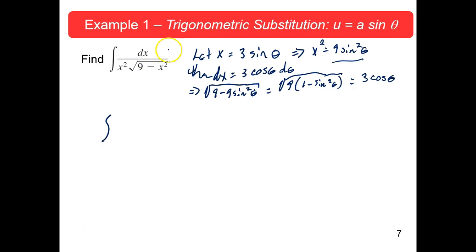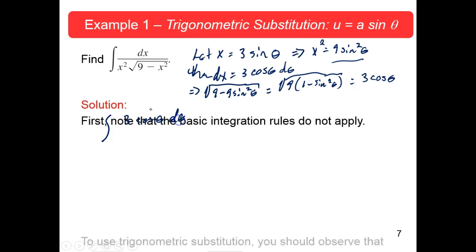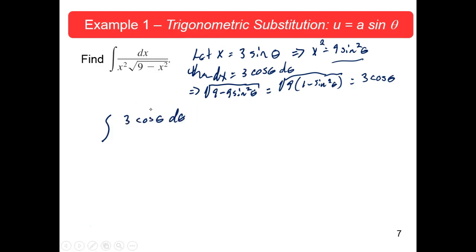And the dx was this right here, 3 cosine theta d theta. Agreed? Yay or nay? Okay. The x squared down here is 9 sine squared theta.